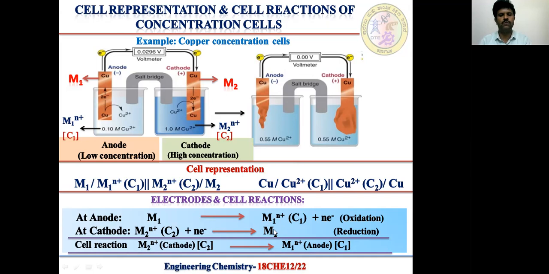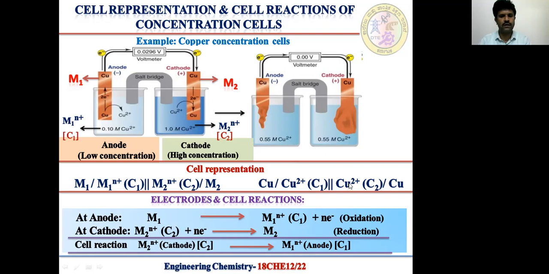Hence, the cell reaction is, here M1 and M2 both are the same. Hence, M2^n+ ions of concentration C2, this is at the cathode, become M1^n+ at the anode with concentration C1.